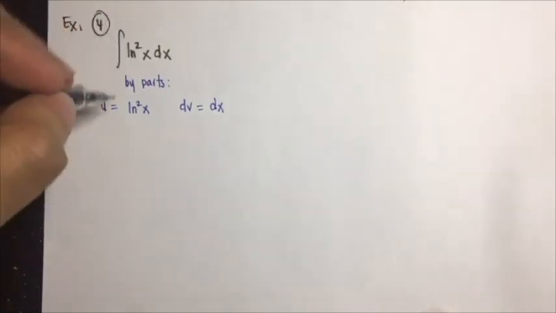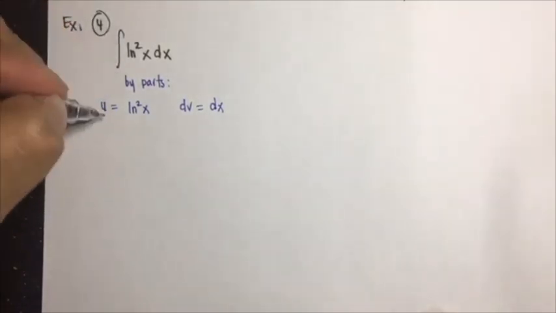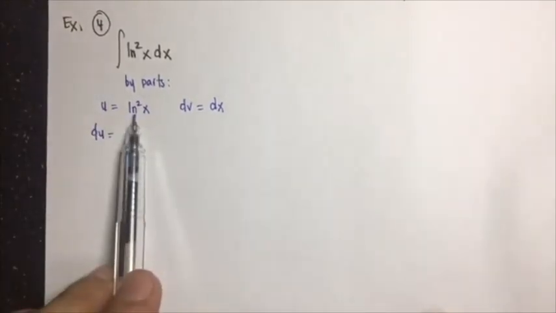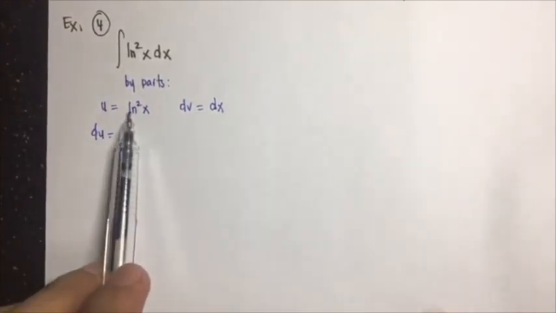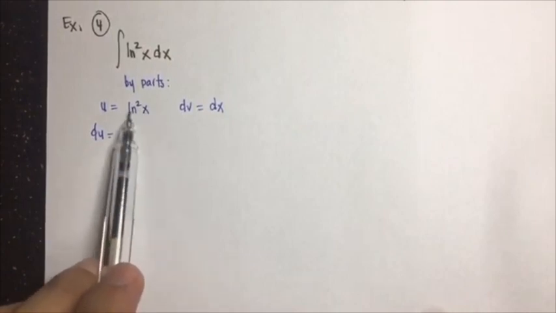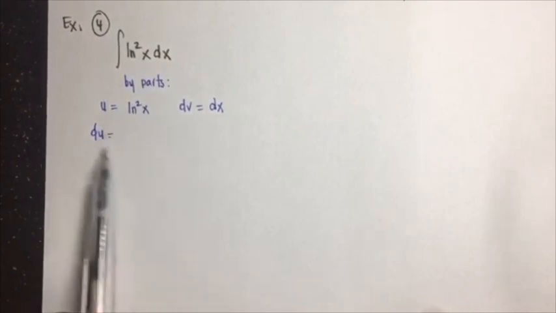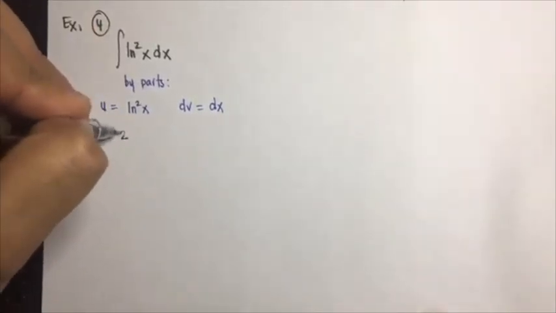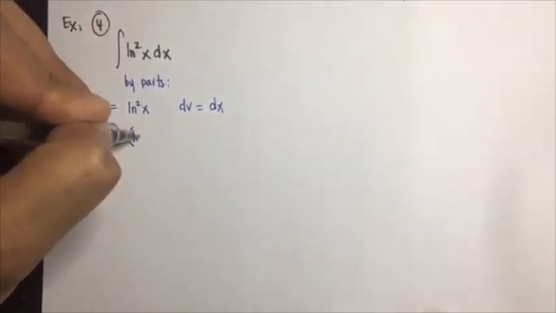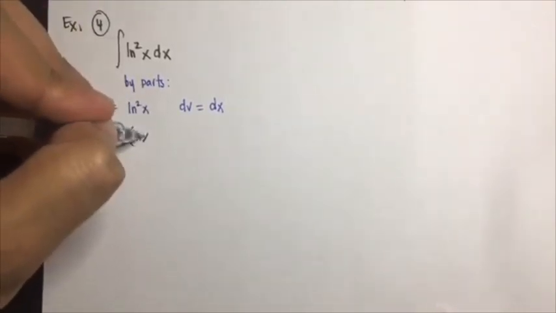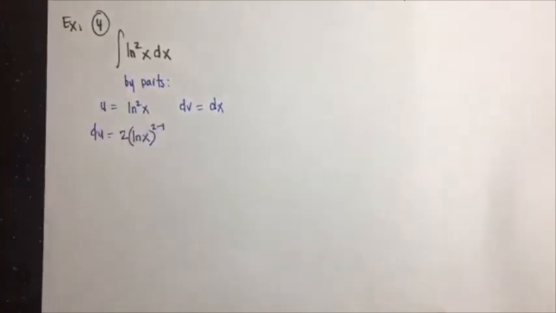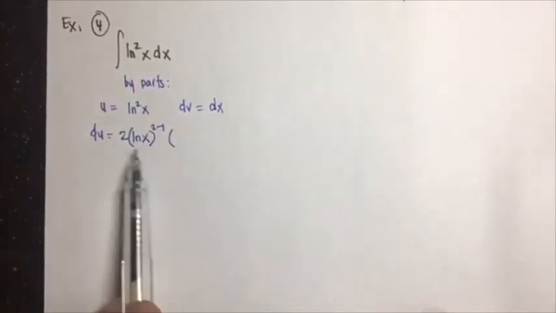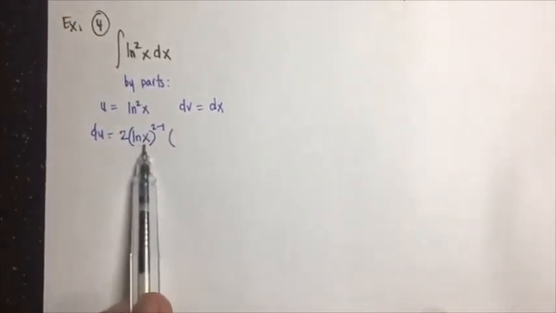Okay, so our du is the differential of this. Applying the general power formula, remember that ln squared of x is equal to ln of x squared. So it will become 2 times ln of x raised to 2 minus 1, times the differential of u.